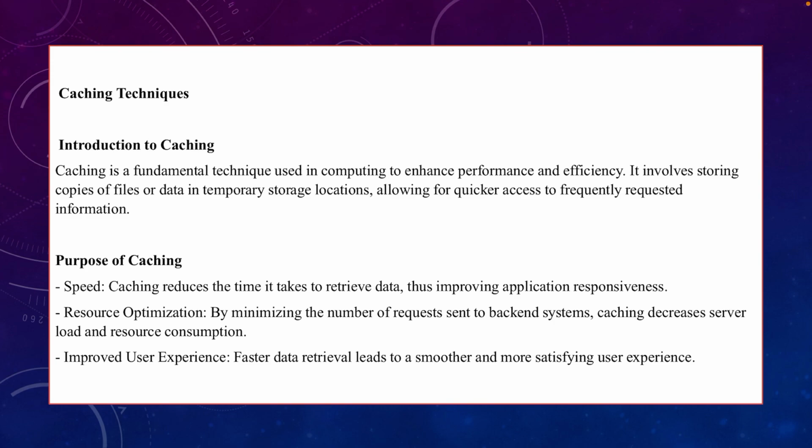And we have resource optimization, which is by minimizing the number of requests sent to the backend system. Caching decreases server load and resource consumption. And the last one, improved user experience. Faster data retrieval leads to a smoother and more satisfying user experience.